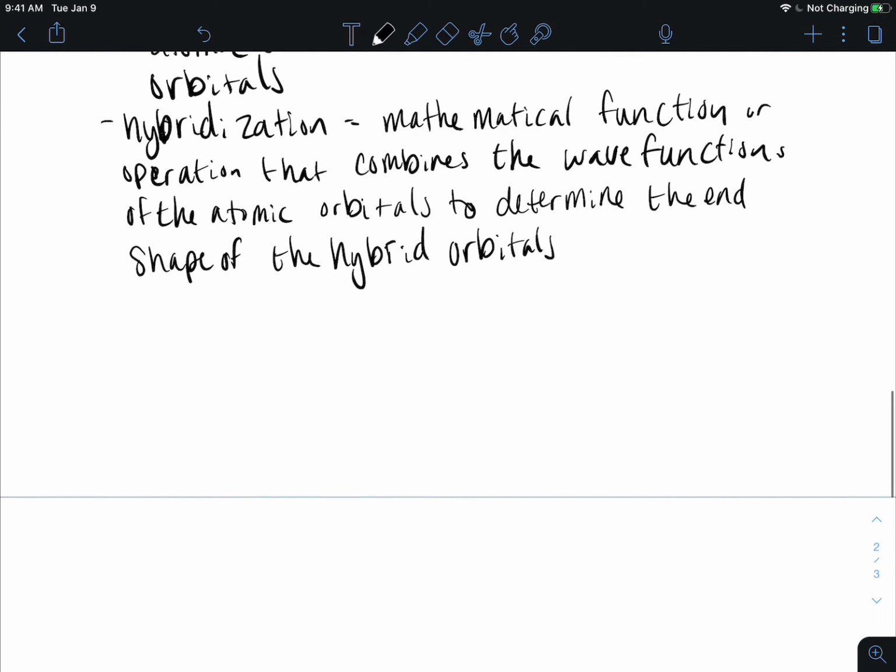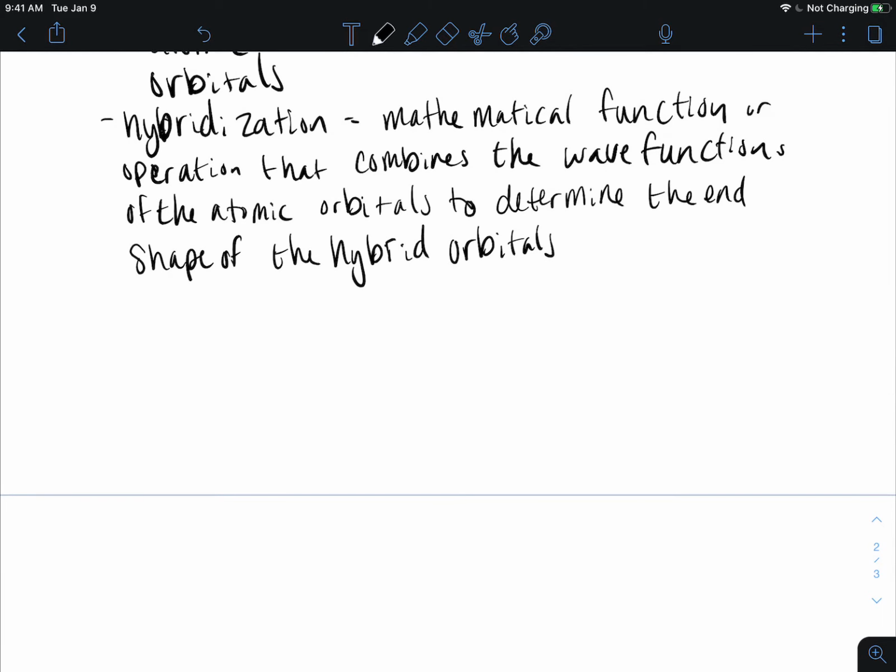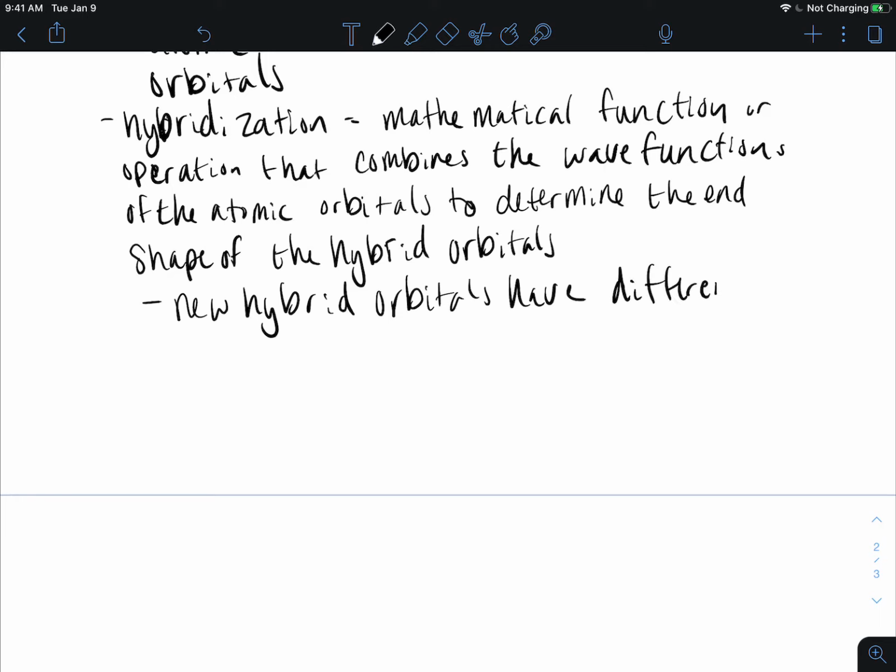Okay, so these new hybrid orbitals are going to have different energies from the atomic orbitals.